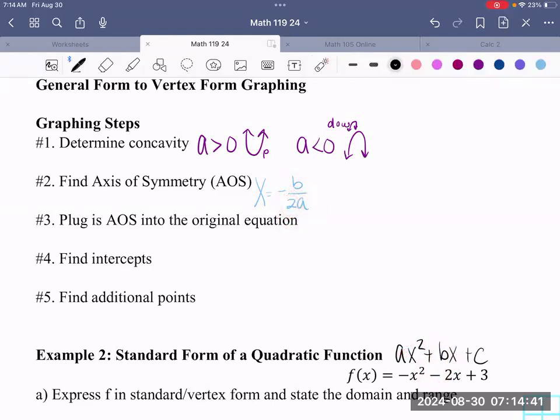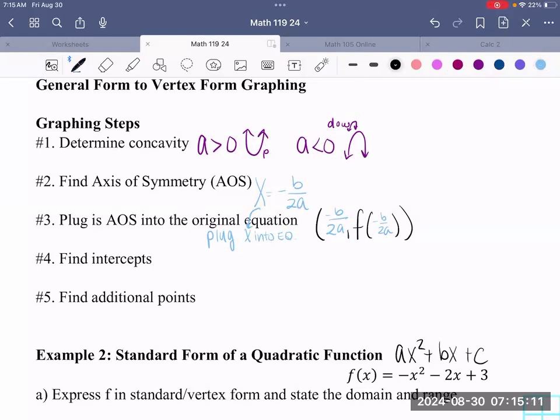Once you have your x value, we then get to use it as part of your vertex. That's half of your vertex. So then we just get to plug x into your equation.